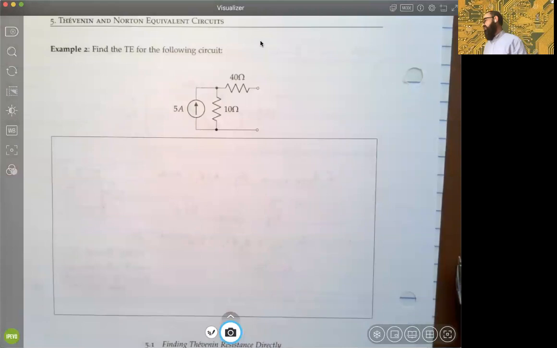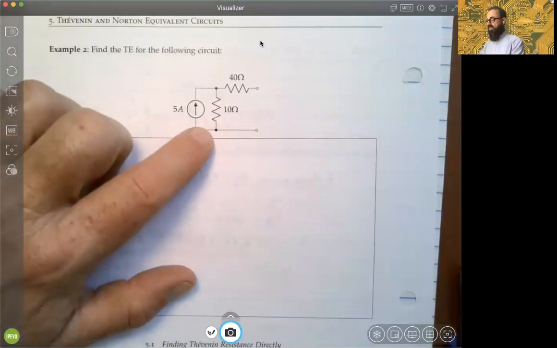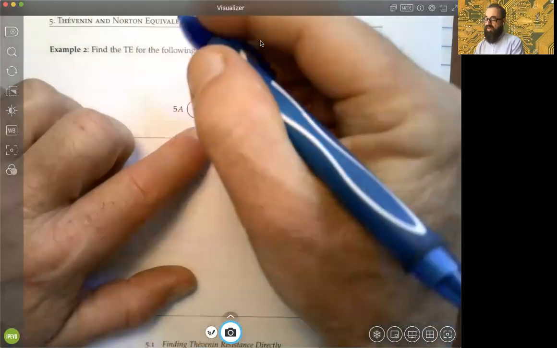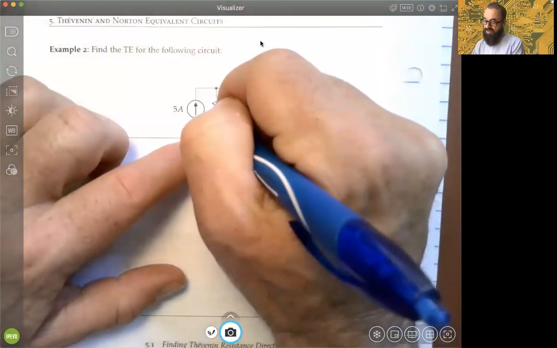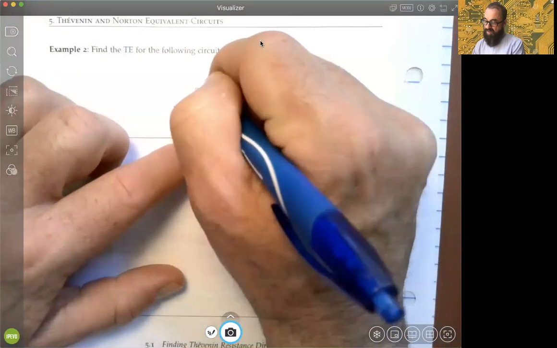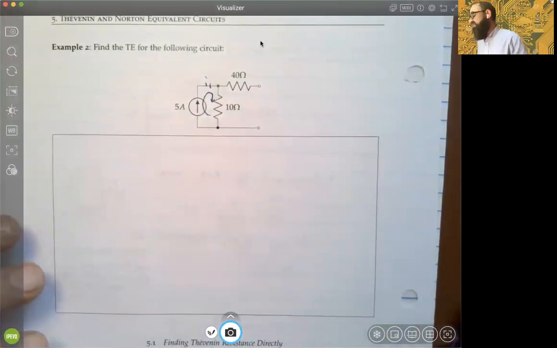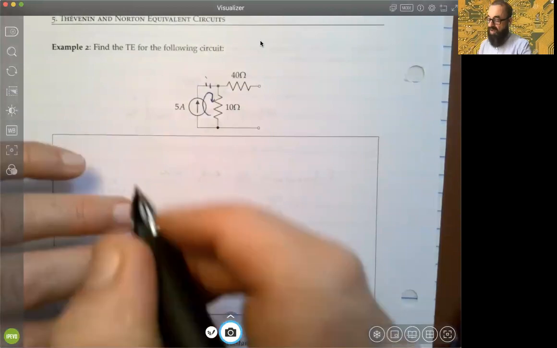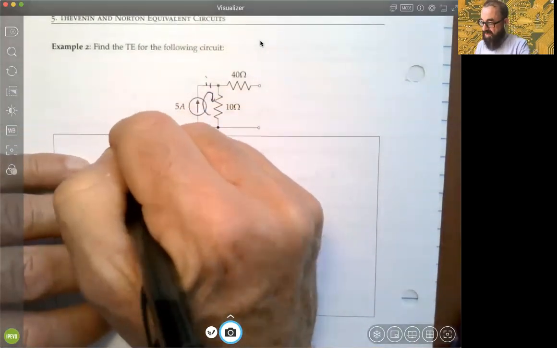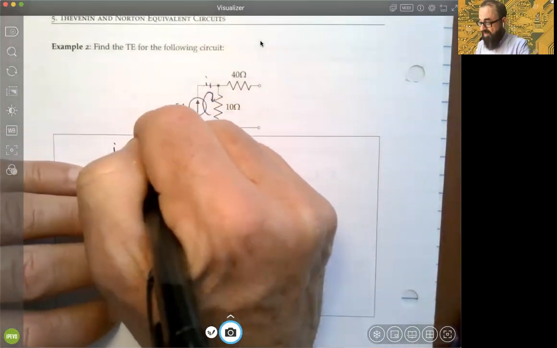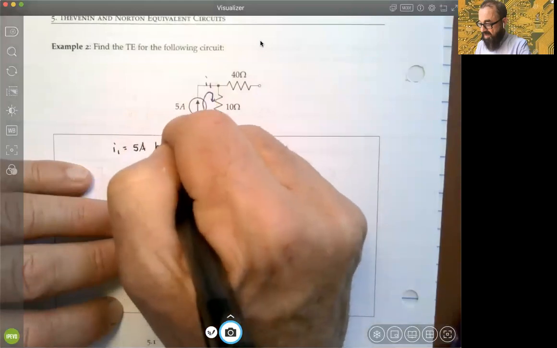All right, so again, we have a closed component over here. We could represent a mesh current here, I1. And I think we see very quickly that if we go back to our world of mesh currents, and our goal is to figure out VOC first, we automatically know that I1 has to be equal to 5 amps. We'll just say by definition.